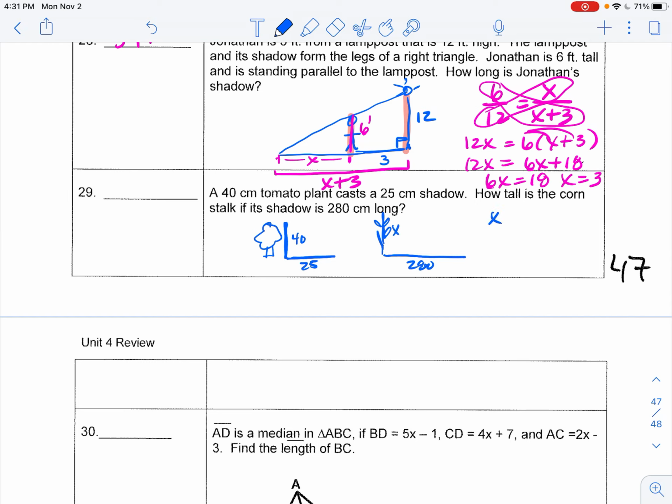So I want to figure out how tall this is. So x over 40. I have the corn stalk over the tomato plant is equal to 280 over 25. Cross multiply and divide. 25x is equal to 40 times 280. And that's a big number, 11,200. Divide both sides by 25. And that's 448 centimeters.